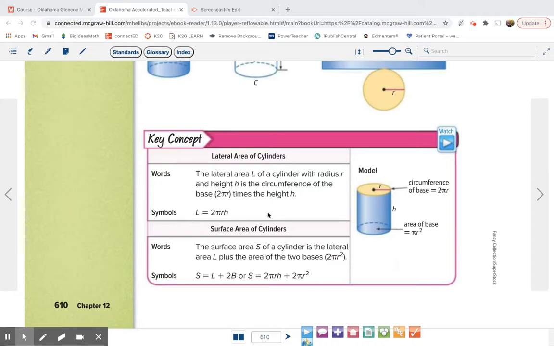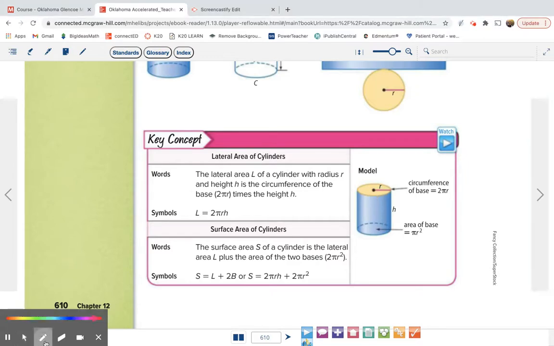So for that, we just have L for a cylinder is 2 pi r h. Then for your surface area, you have L, what you just had, plus 2 times big B. Big B means area of the base. The base is a circle. Area of a circle is pi r squared.